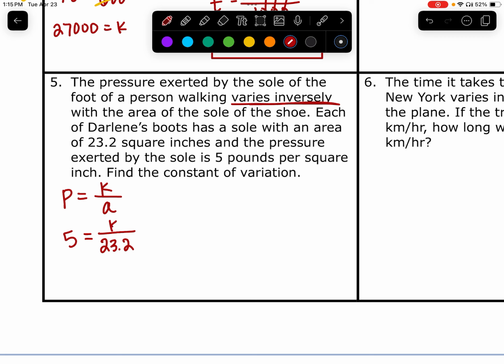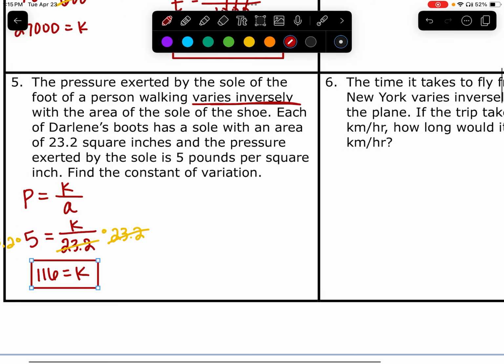Find the constant, so we've got to figure out K. So to get rid of this fraction, I'm going to go ahead and multiply both sides by the denominator. And then that will give me 116 for K. Go ahead and try number 6.